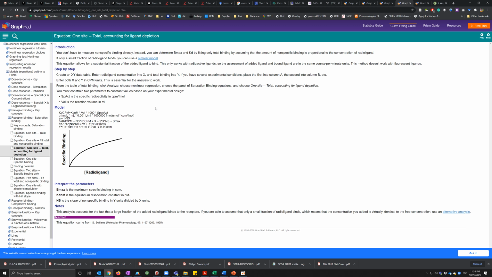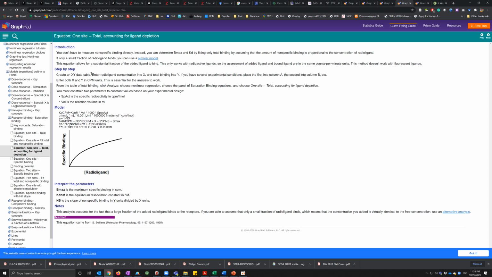Your total ligand concentration is only 1, and 50% is already bound, so you only have 0.5 nanomolar of free ligand left.